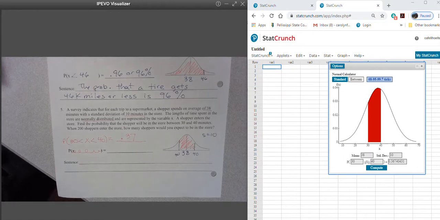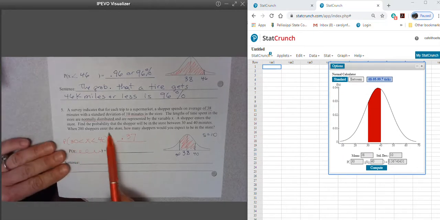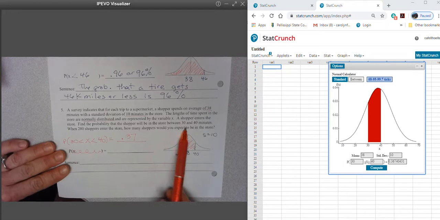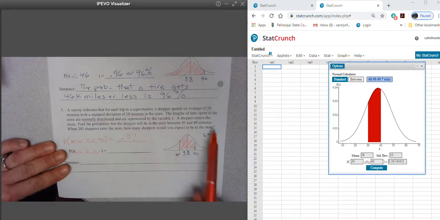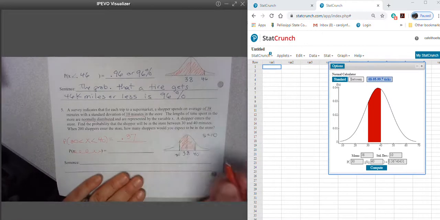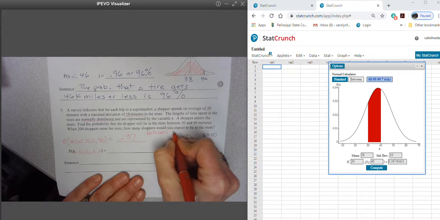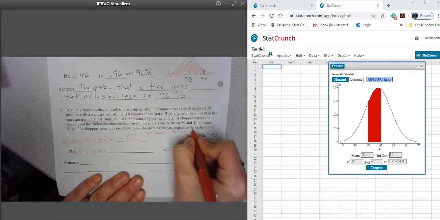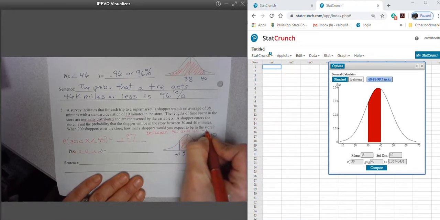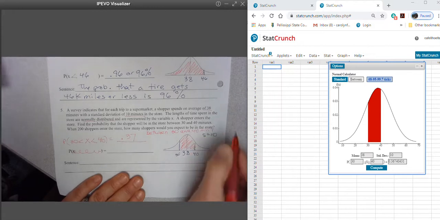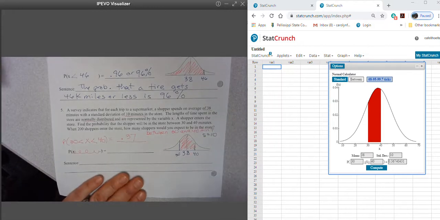So the next part of the question says, when 200 shoppers enter the store, how many shoppers would you expect to be in the store? And I probably should have added, how many shoppers would you expect to be in the store between 30 and 40 minutes? So let's add that here. So the first part of the question asked, what's the probability? Now this part is asking how many.